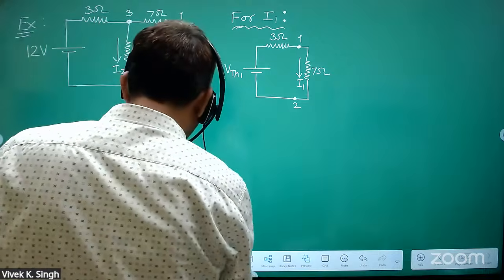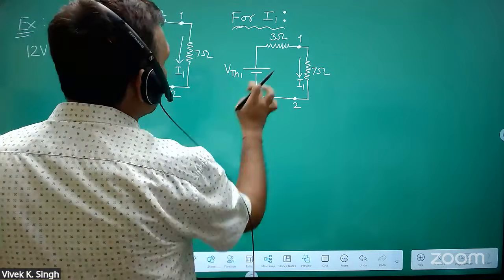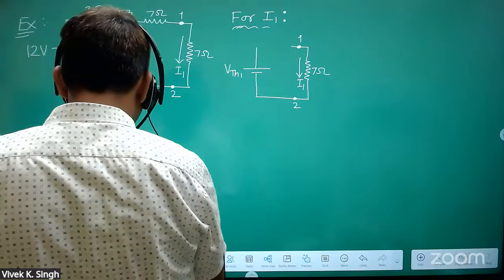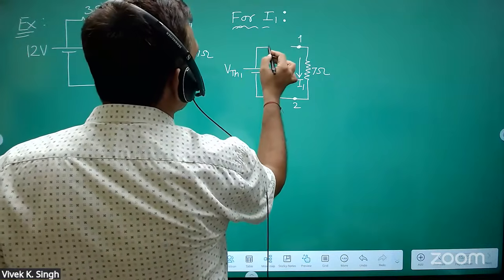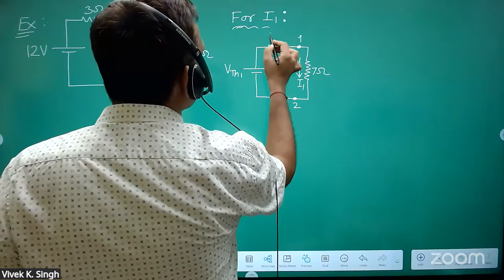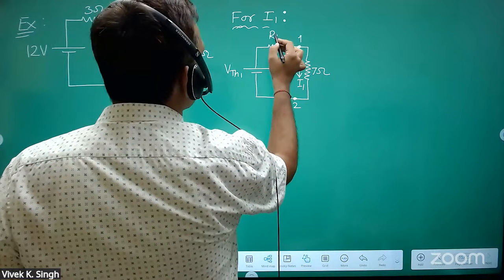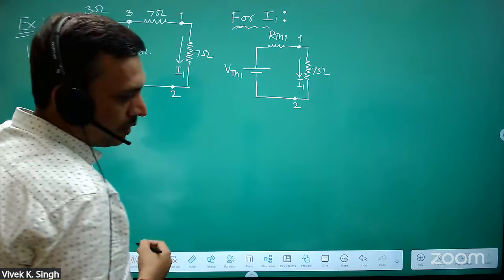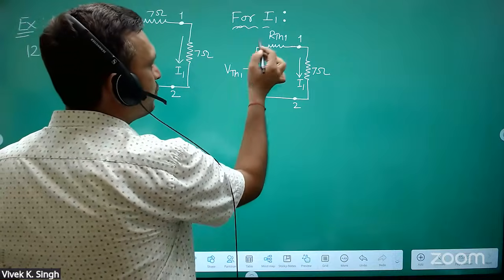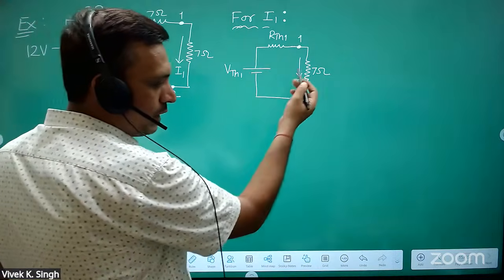No, this is RTH1. This is the equivalent. So we have to write this as RTH1. So if you know VTH1 and RTH1, then you can find the current I1.